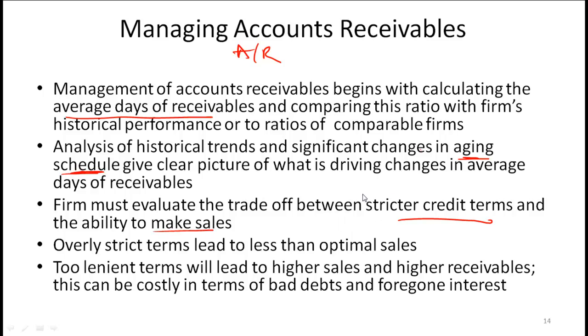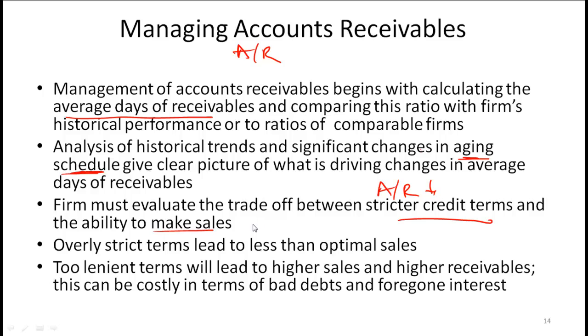So the point here is, if you are trying to reduce your accounts receivable or reduce your days of receivable by imposing strict credit terms, so you are telling your customers that they must pay immediately or they must pay within 10 days, there is a trade-off between that and making sales. So your customers might then potentially go to a different supplier.